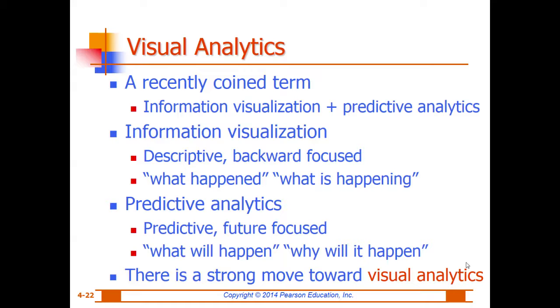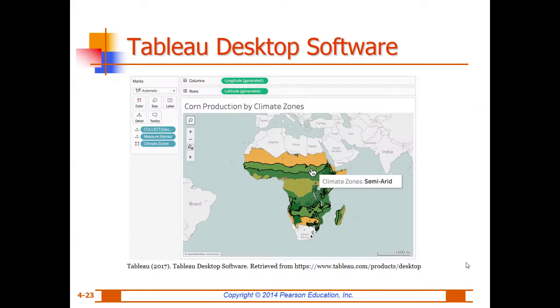So there's a strong move towards this, trying to take historical data and predict what might happen with regards to customers, their trends, what their purchasing habits might be, or even using geographic mapped data and using animations to show what's happening in the future.